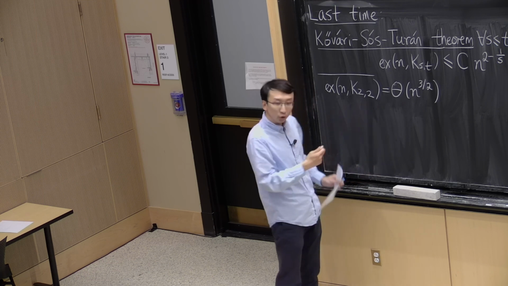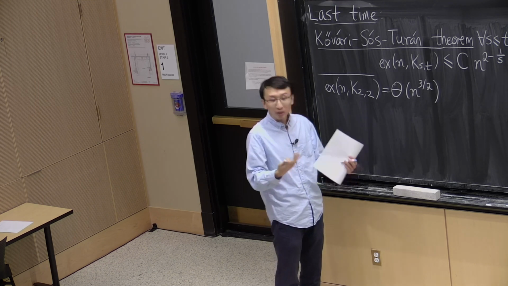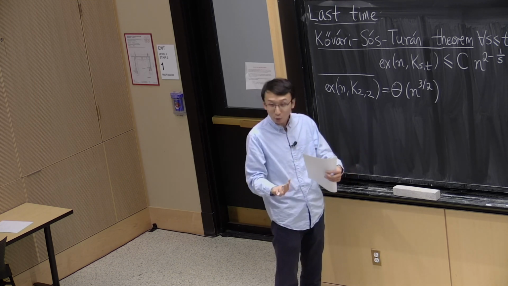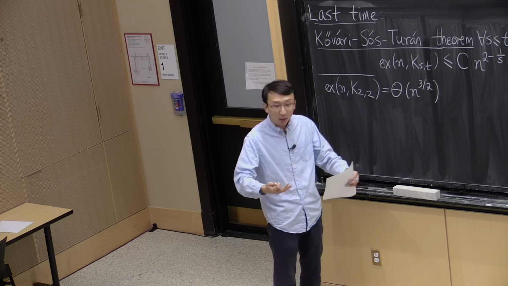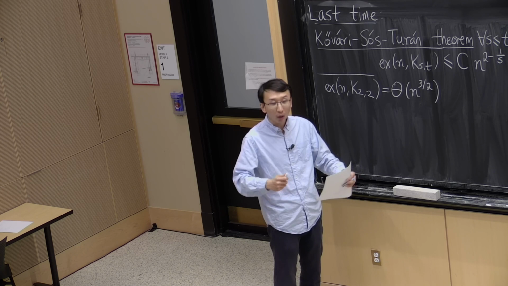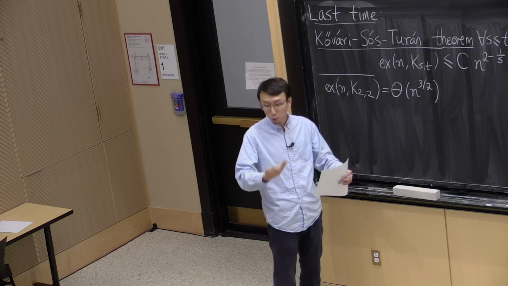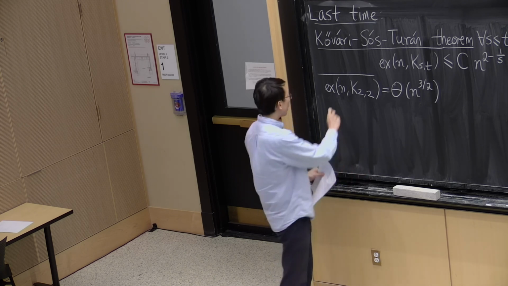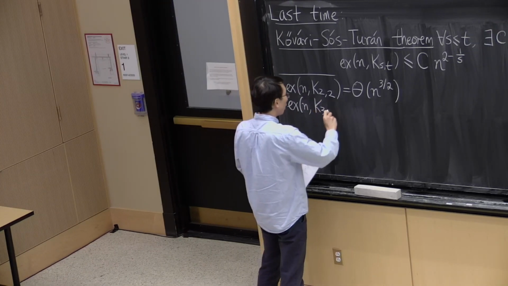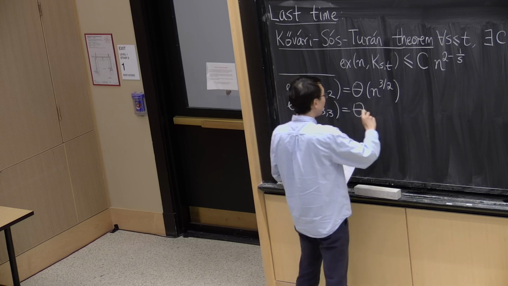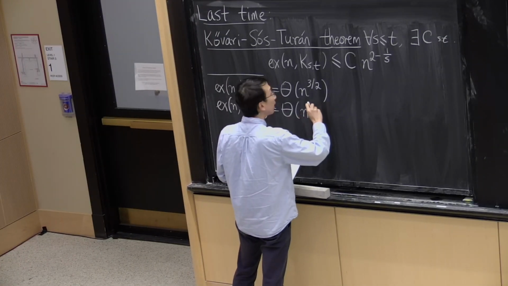And our construction used this polarity graph, which is essentially the point-line incidence graph of a projective plane, and a basic algebraic or geometric fact, if you will, that two lines intersect at most one point. We also sketched a construction that showed that for s equals 3, this bound is also tight.